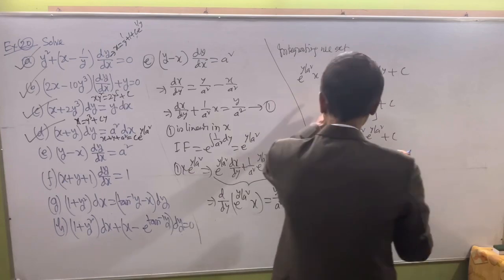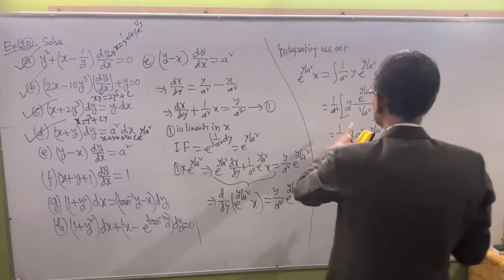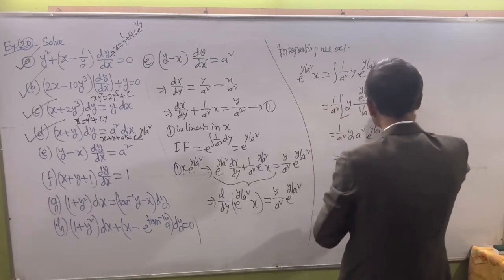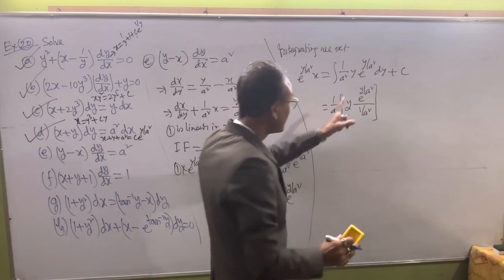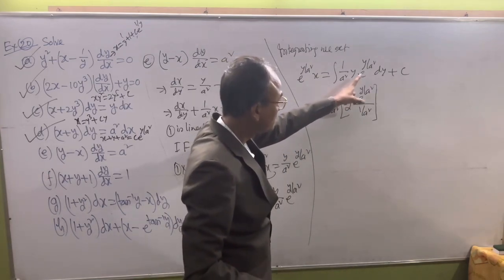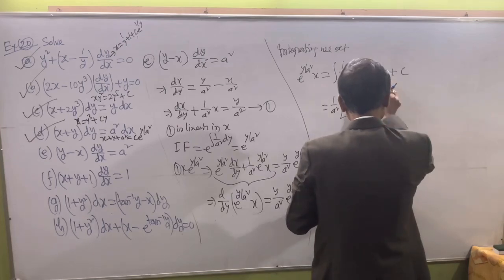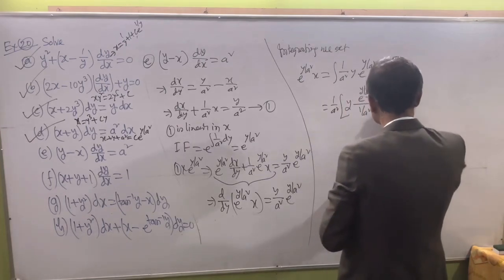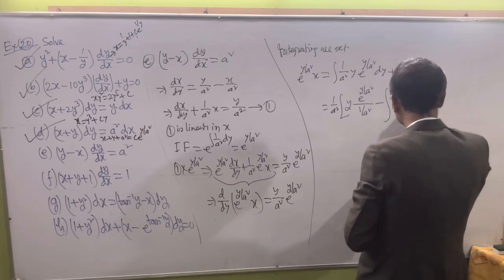Oh no, it is the product, the integration of the product function. First function into integration of the second function minus differentiation of the first function into integration of the second function, whole integral.